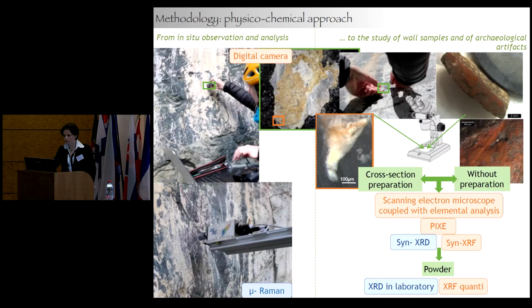I want to focus more today on this physico-chemical approach, from the in situ observation to the analysis of wall samples and archaeological artifacts. First, we use a digital camera and portable instruments such as Raman spectroscopy to study the paint directly in situ.